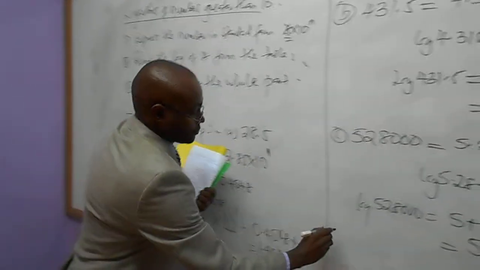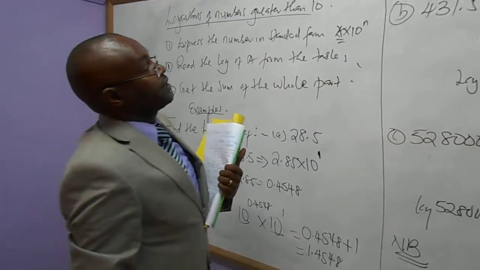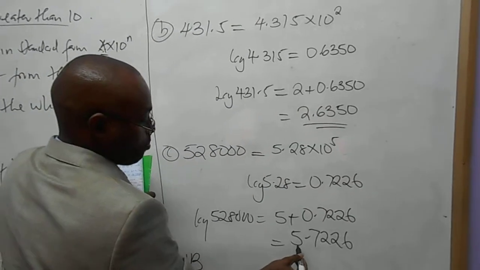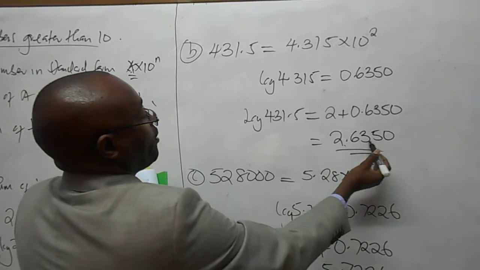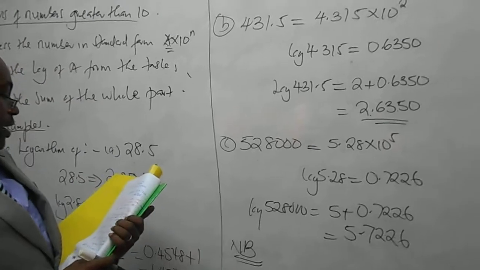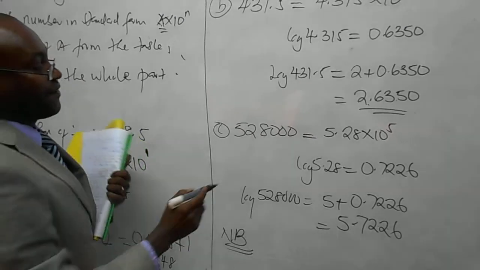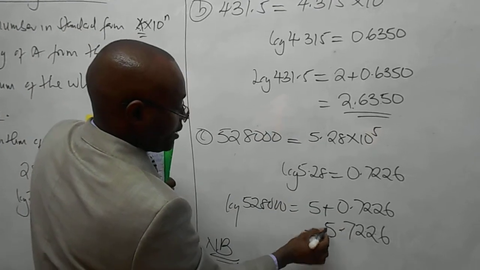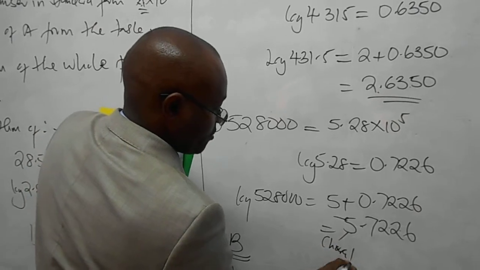Note, as you can see, all the time our logarithm has two parts, for example 5.7226 and 2.6350. We have the whole number part, which is called the characteristic. This 5 here is called the characteristic of the logarithm.